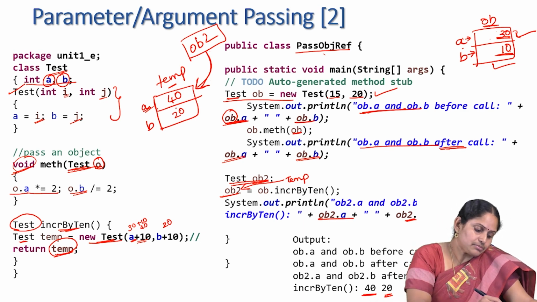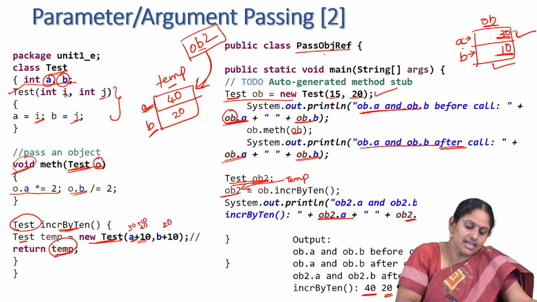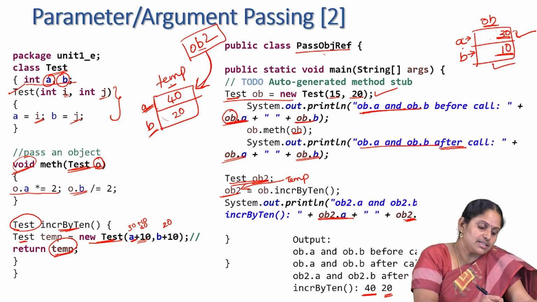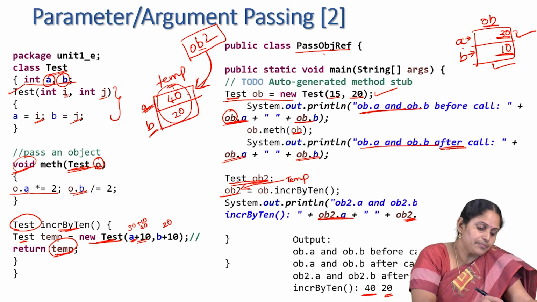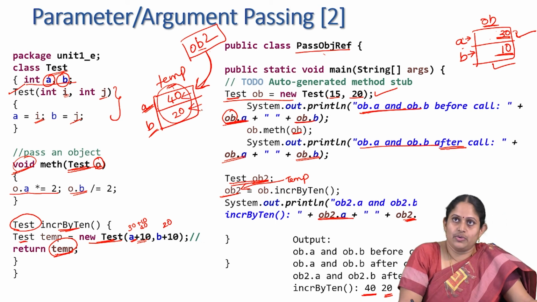Using OB2 we can access the A and B values stored inside this object, displayed over here. So OB2.A means we get 40 and OB2.B is 20.